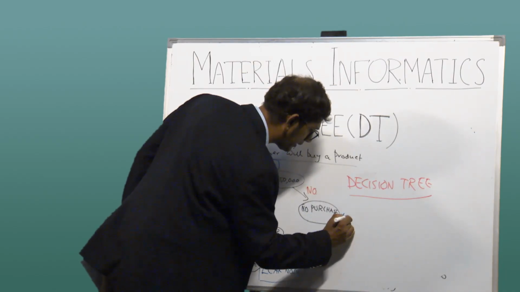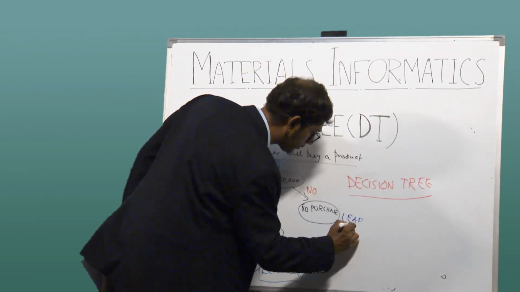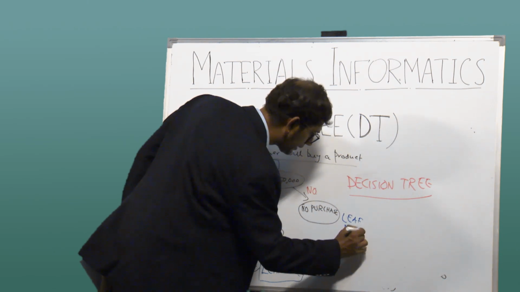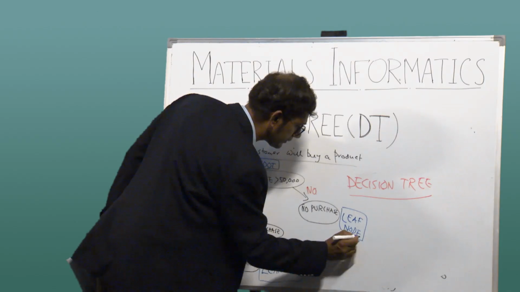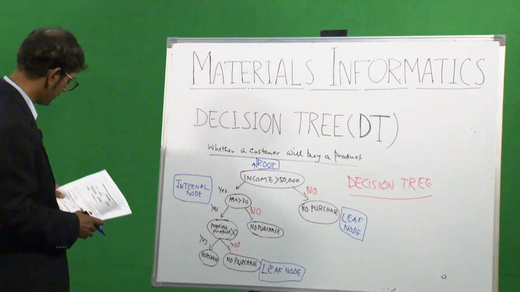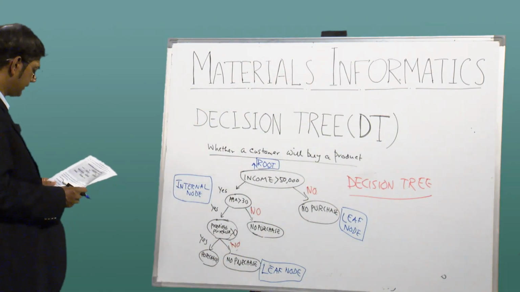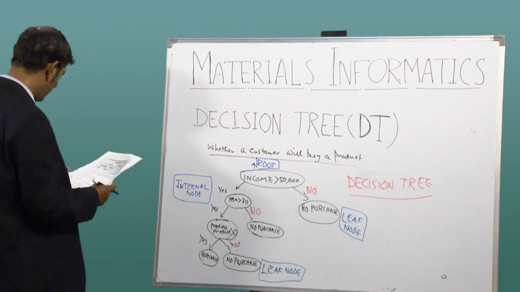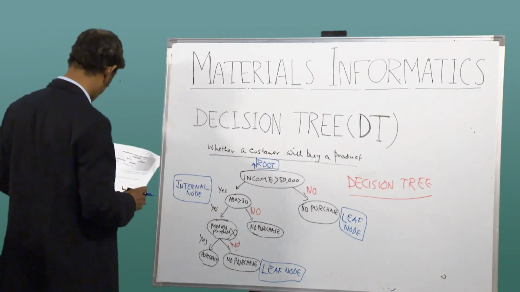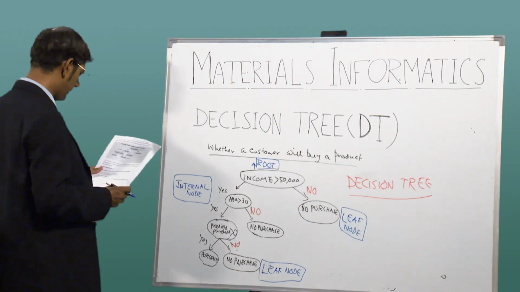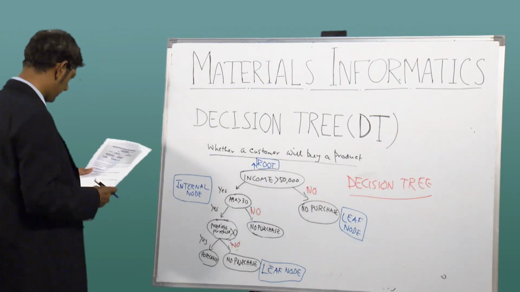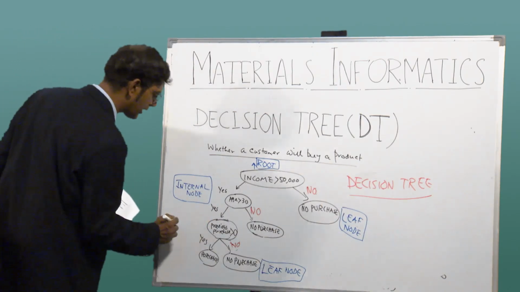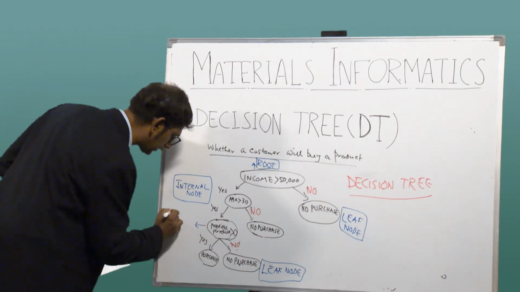It is just like a tree-like structure, leaf I mean the leaf of a tree, okay, leaf node. And it can go on. So, age is an internal node here. The person's income is greater than 50,000 and age is more than 30, then something happens. Okay. And this one is also an internal node.